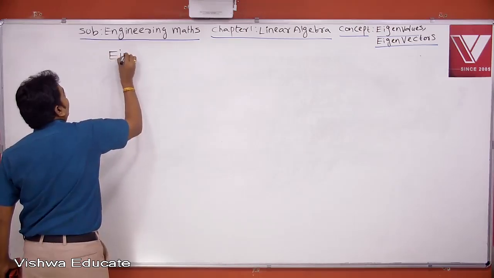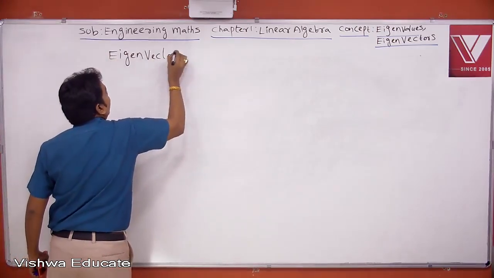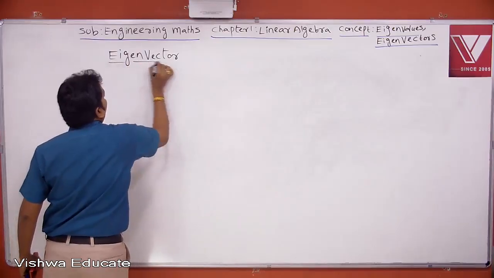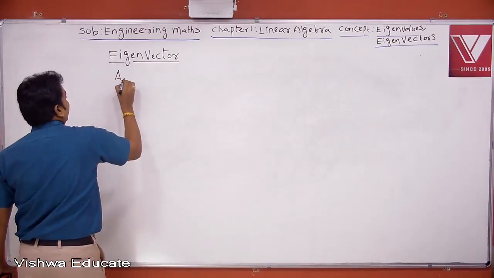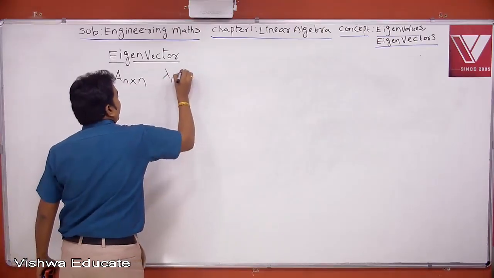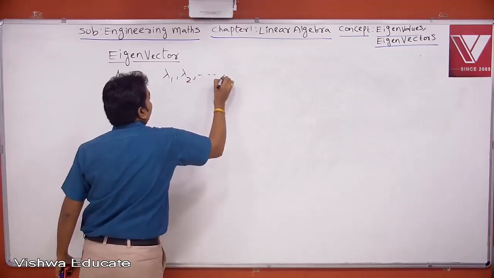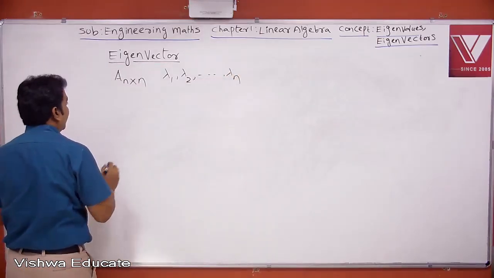Next we discuss eigenvector. Suppose A is an n cross n matrix. Since it is an n cross n matrix, it has n eigenvalues. Assume that they are lambda 1, lambda 2 and so on lambda n.